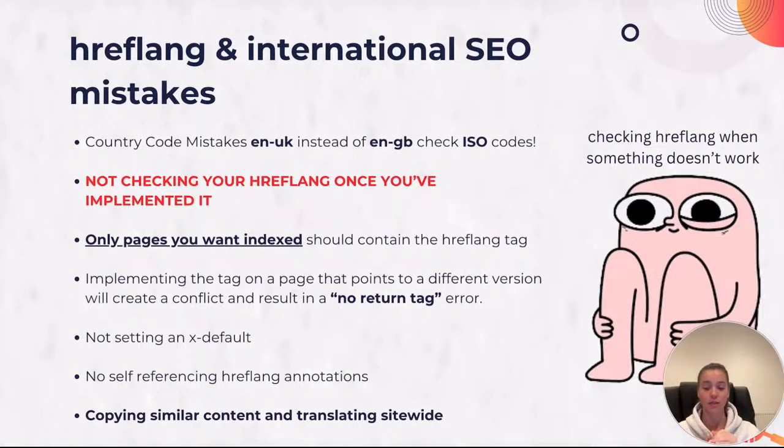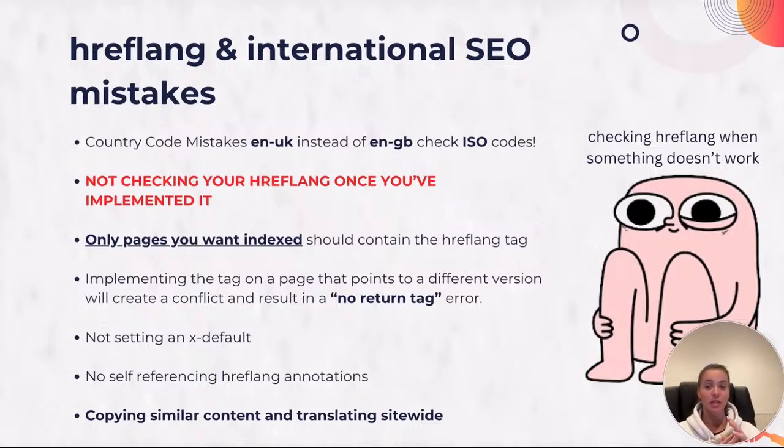So if you have 66 or 67 subdirectories, you've got the UK version. Say I'm on the UK page, it's referencing the x-default, it's referencing itself, and it's referencing 66 of its variation pages.